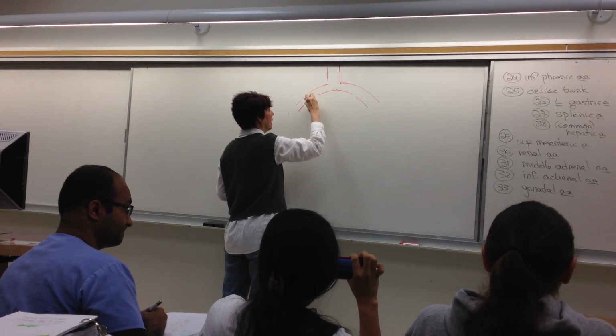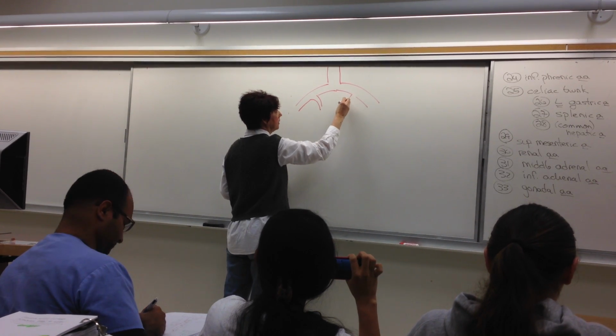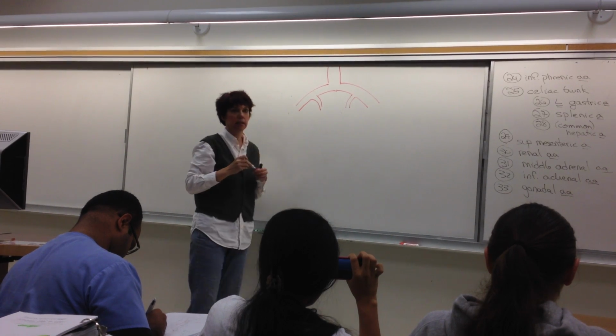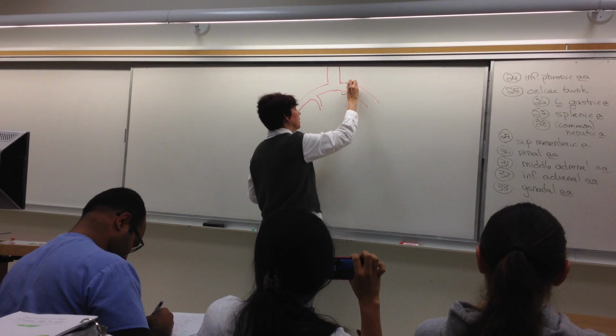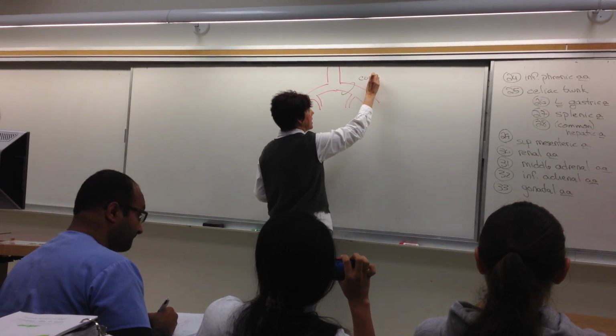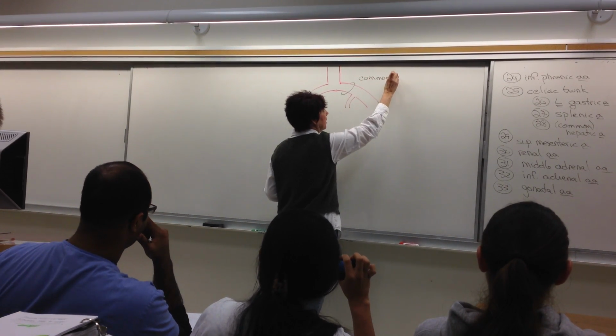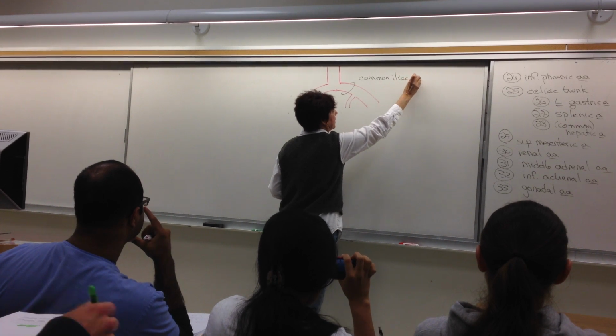And going down inside the pelvis are a pair of branches. So this is known as the common iliac arteries.